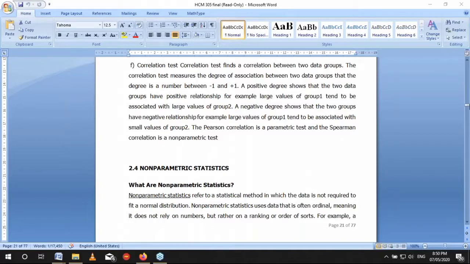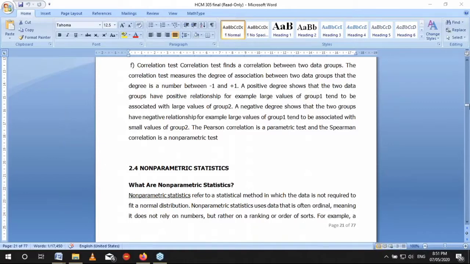So let us go straight to regression. Regression analysis is another subheading, and I want you to know these terms. Regression analysis is a powerful statistical method that allows you to examine the relationship between two or more variables of interest.